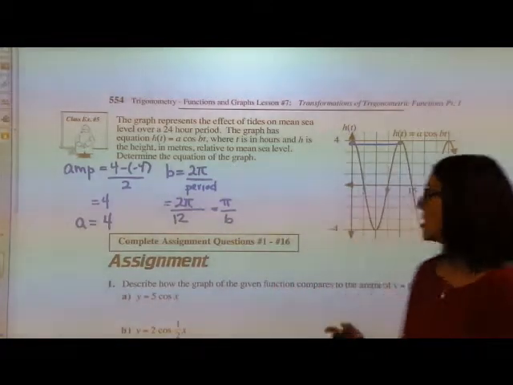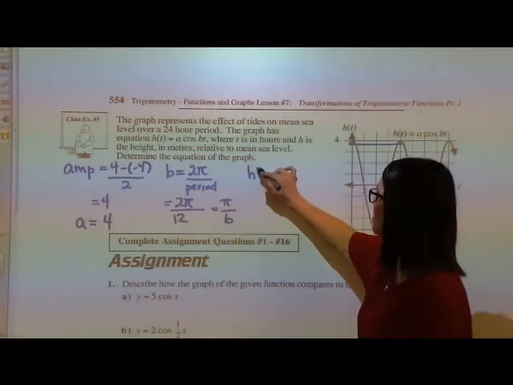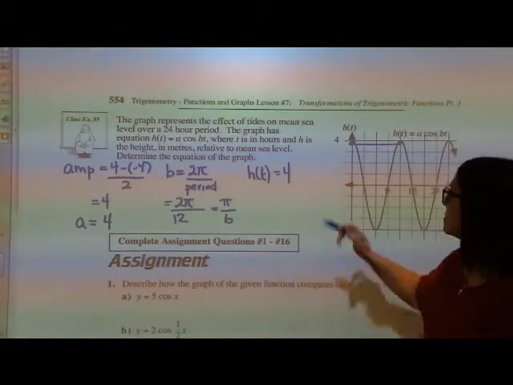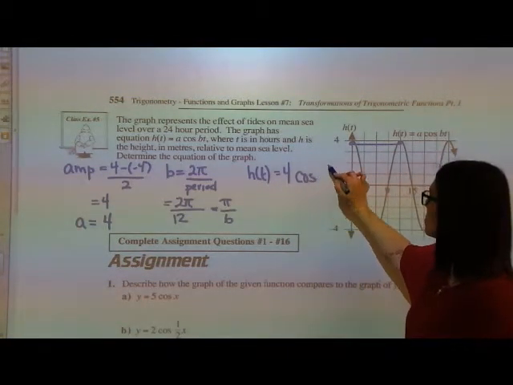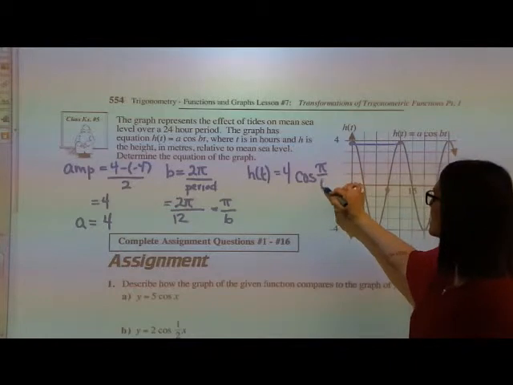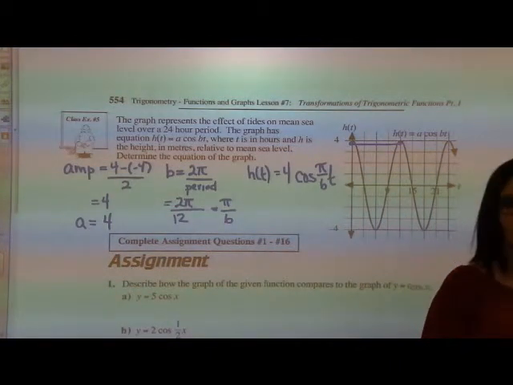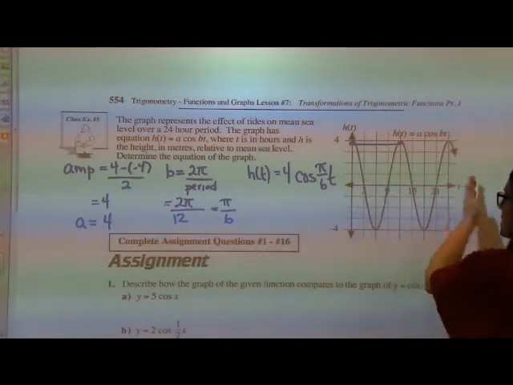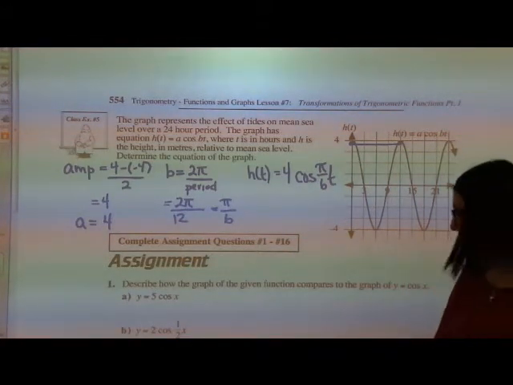So this equation would now be h of t equals a, which is 4, cos pi over 6 t. And if you were to put this into the calculator and use this for your window settings, you would get the same graph.